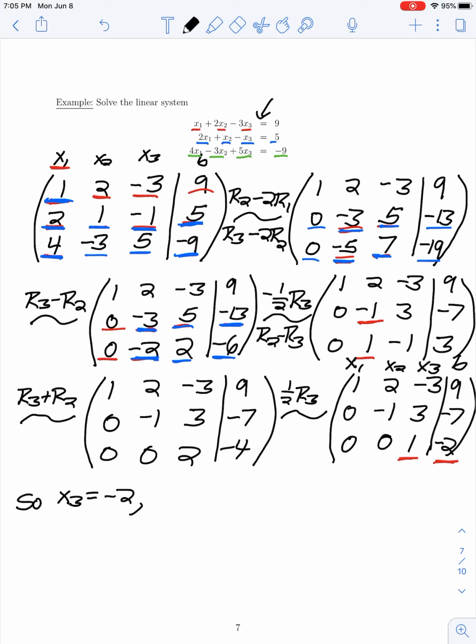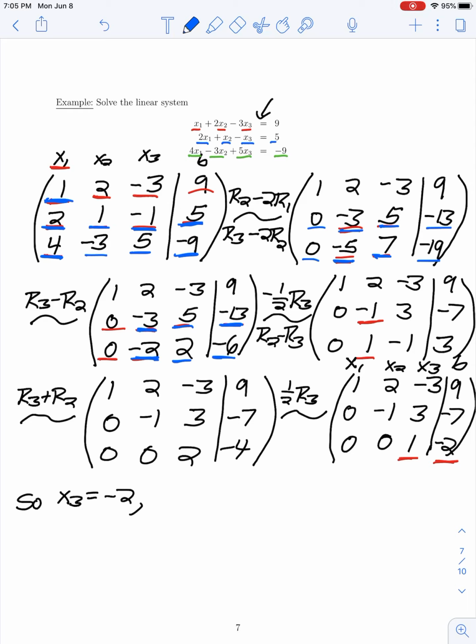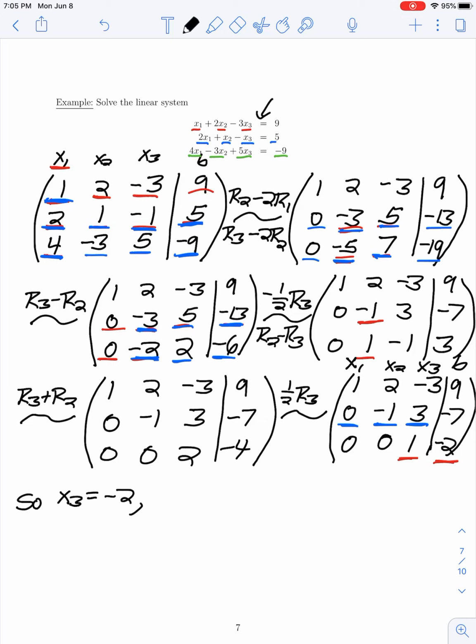Now, if we know x3, we still need to find x1 and x2. To find x2, I could substitute into the previous equation. My second equation gives a relationship between x2 and x3 only, since our coefficient for x1 was 0 in that row. So let's look at what that second row says in equation form.